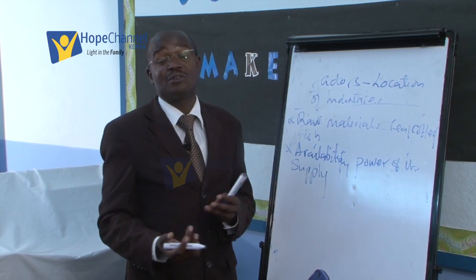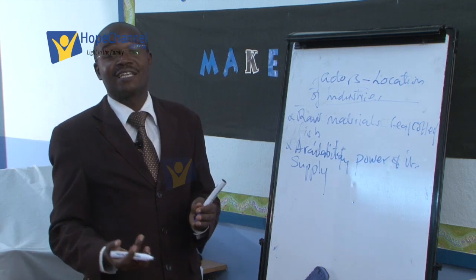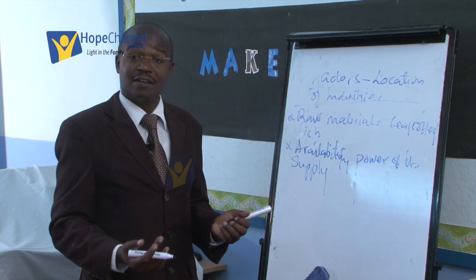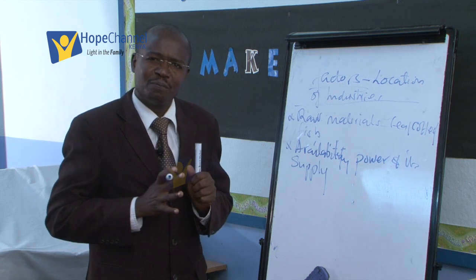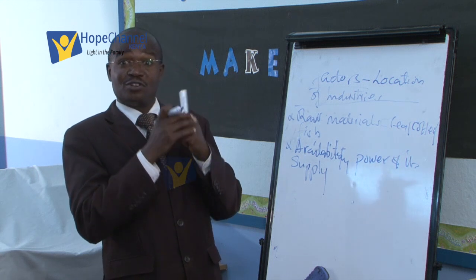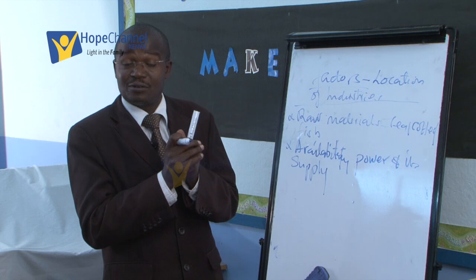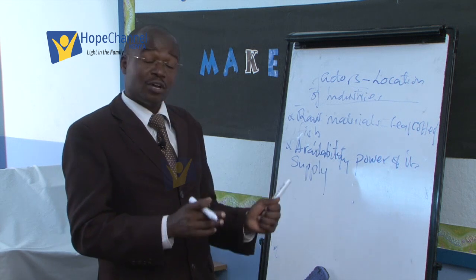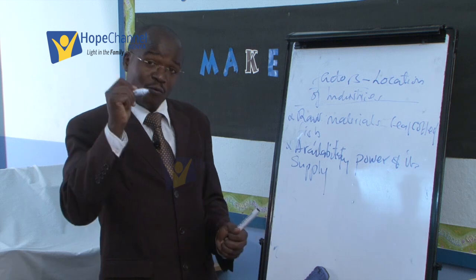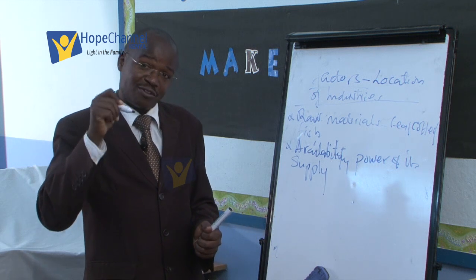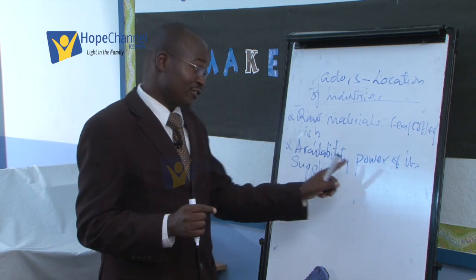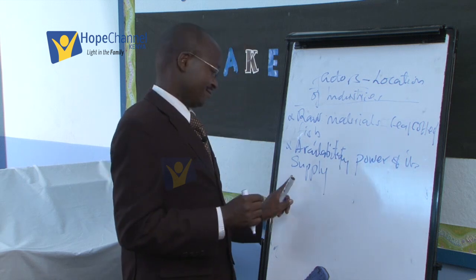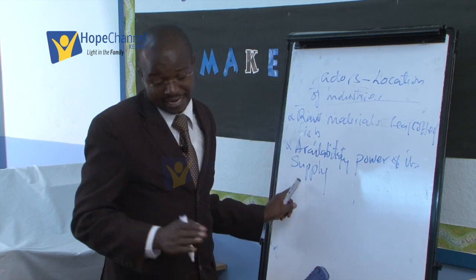There are some places up to now that have not been connected to the Kenya Power and Lighting Company. And therefore, when you start an industry, you are not going to use human labor to push machines, or to produce light. You are going to use electricity. So for you to place an industry anywhere, you have to look at the availability of power and its supply. How is it supplied and how will you get it?